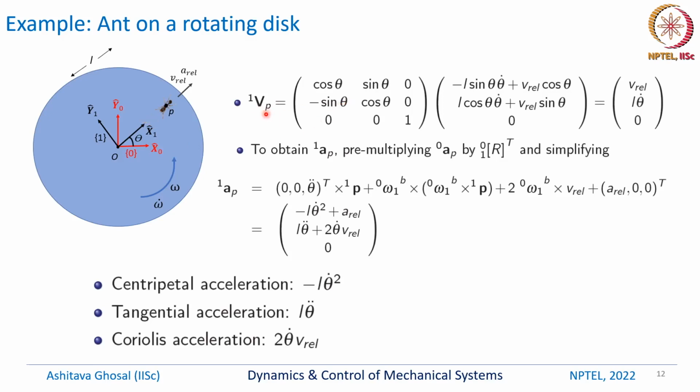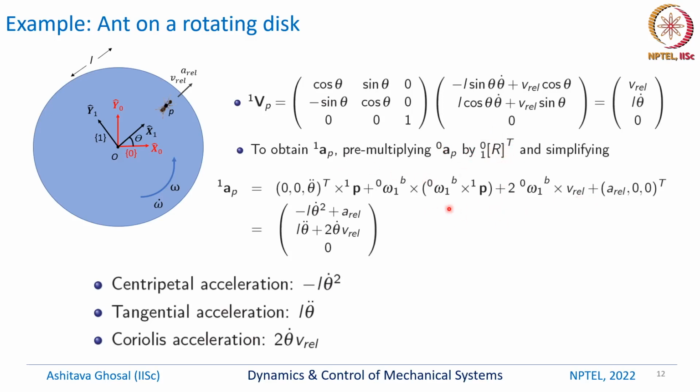Similar to this velocity vector in the 1 coordinate system, we can also obtain the acceleration of this point in the 1 coordinate system, and again we need to pre-multiply the acceleration vector in the 0 coordinate system with the R_01 transpose.